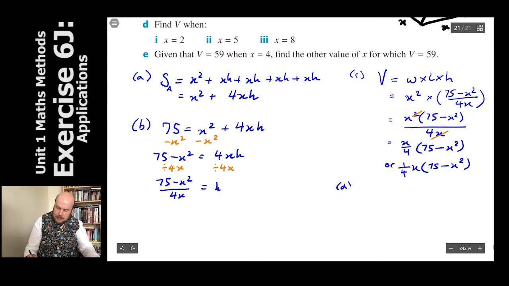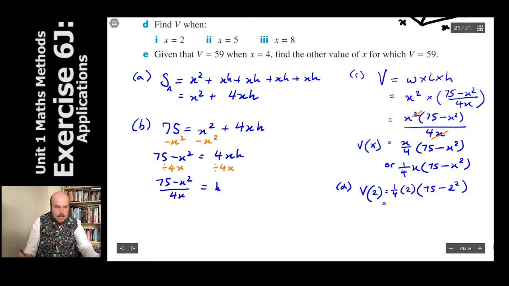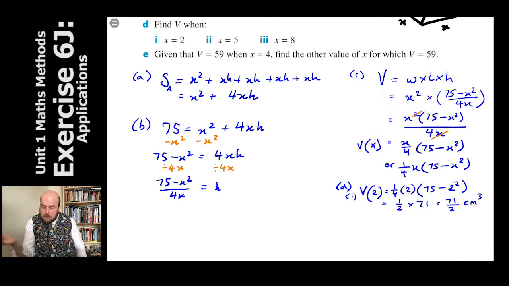So V when x is 2, so if we call that V of x, this is going to be 1/4 times 2 times 75 minus 2 squared. 1/4 of 2 is going to make that a half times 71, and we can just leave that as 71 over 2 cubic centimeters, or otherwise you could have put that as 35.5 cubic centimeters.